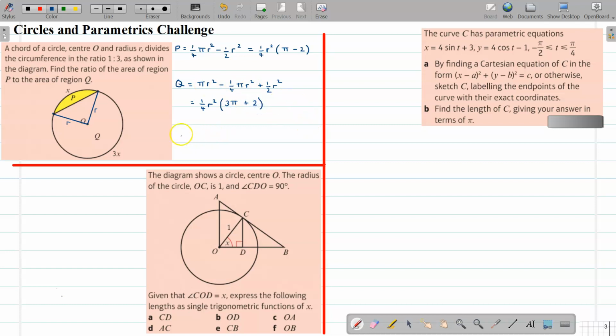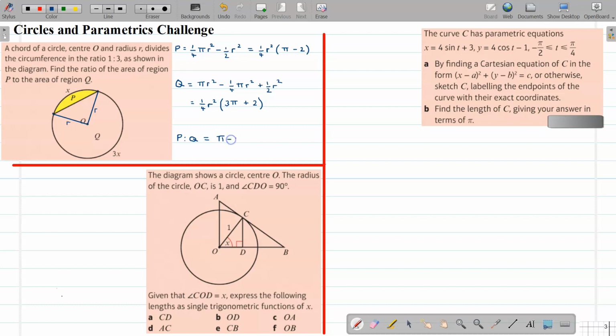So the ratio I need, which is P to Q, I can just simply take those two parts I've just written and put them side by side in the same order. So it's going to be that to that, but because I've got a common factor of a quarter r squared, that just cancels out, so I'm just left with pi minus 2 on the left.